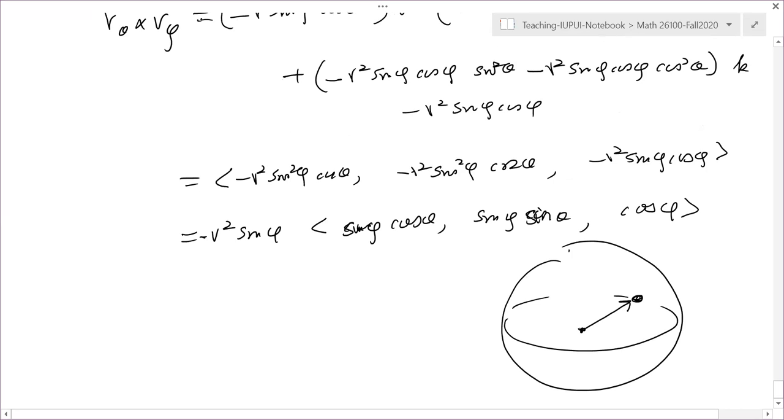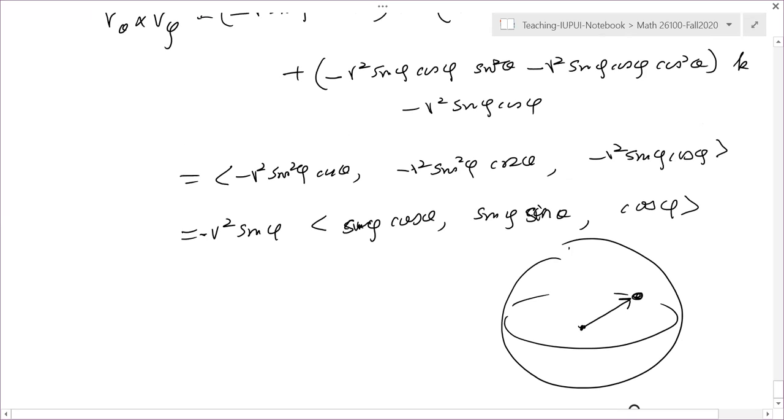It turns out this vector is a vector pointing toward the origin, the center of the sphere. The reason is the negative of this vector points in that direction. This is a normal vector.